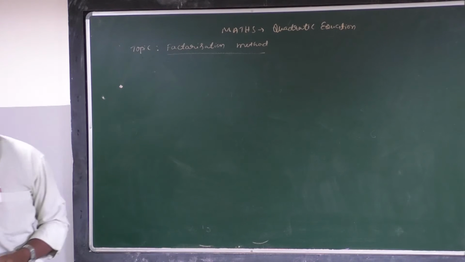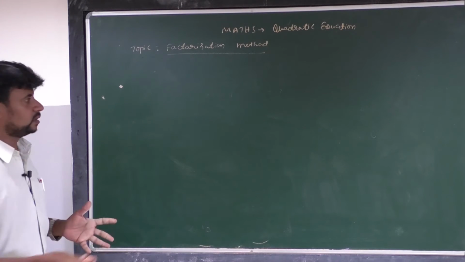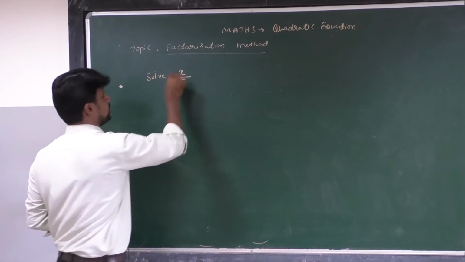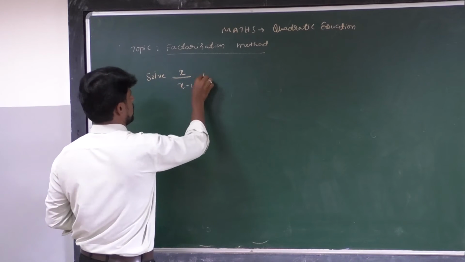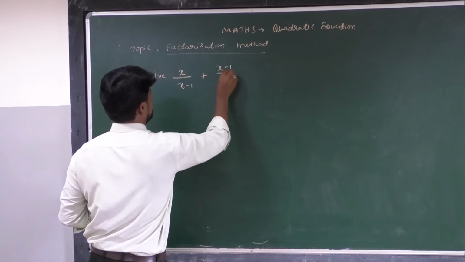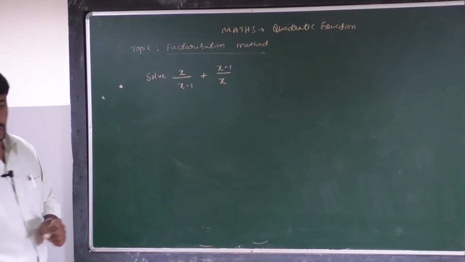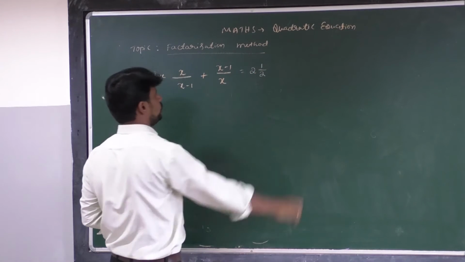In this type, another question is: solve x by x minus 1 plus x minus 1 by x is equal to 2 and a half.